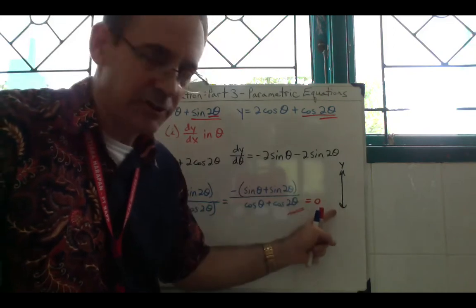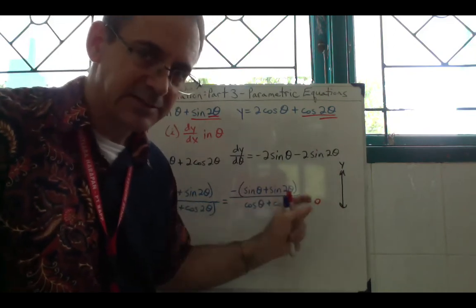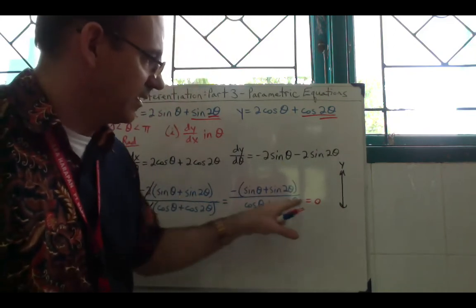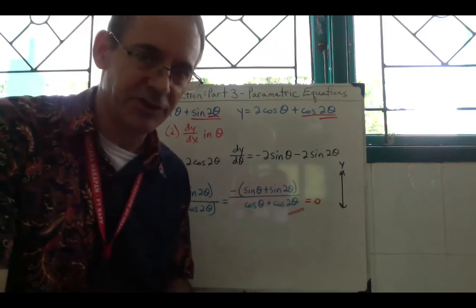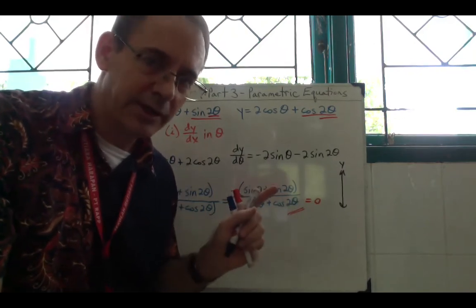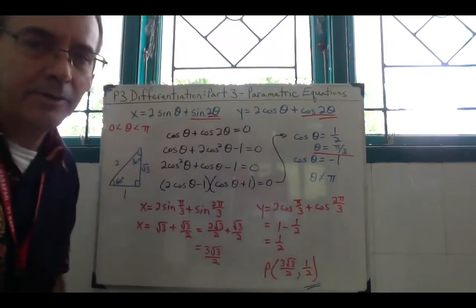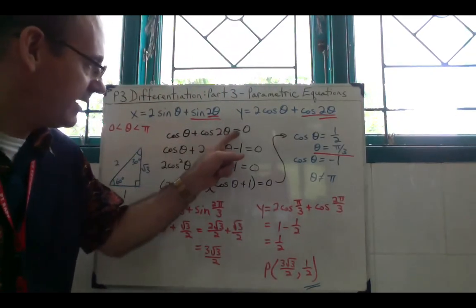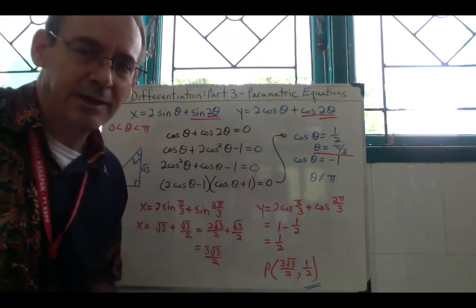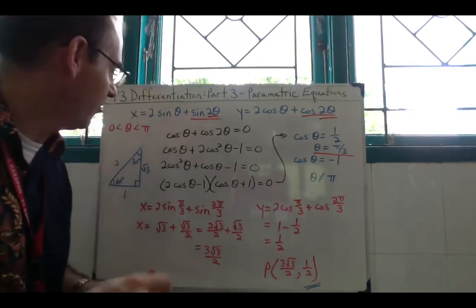Parallel means same slope. The slope of the y-axis is undefined, meaning the denominator is set equal to 0. So I'm going to really quickly erase this so I have a little more space. Okay, here we have our denominator set equal to 0.